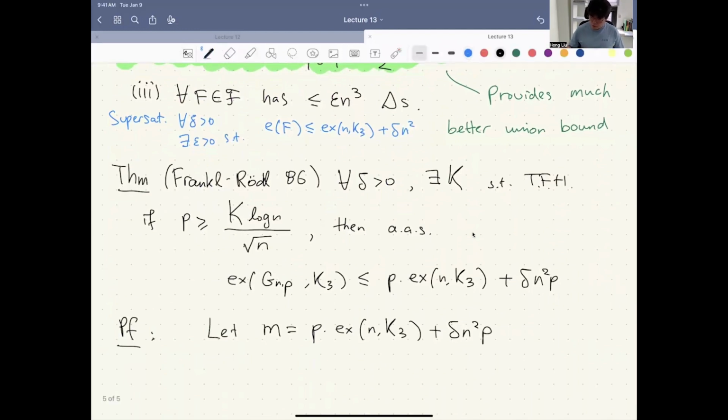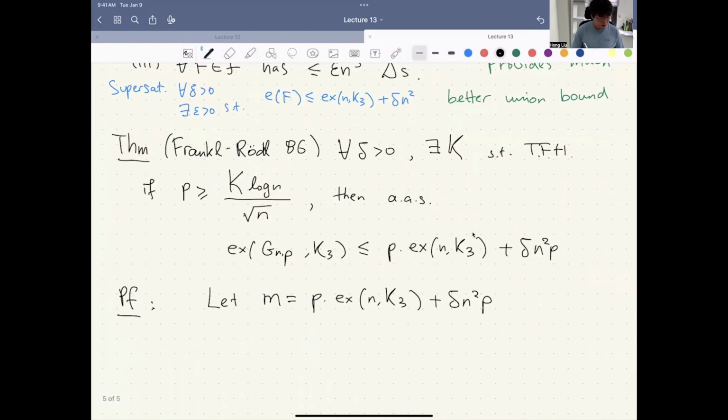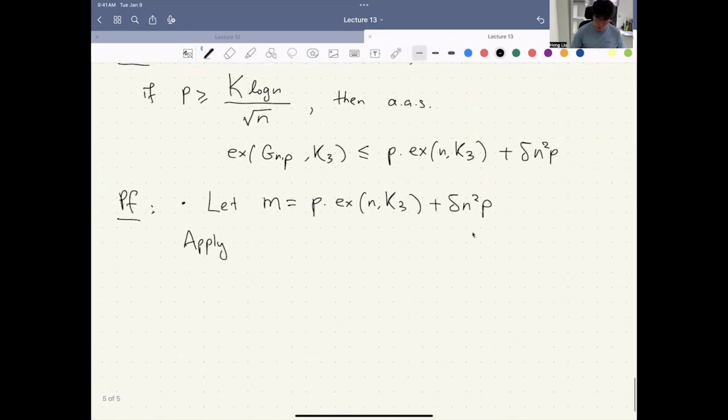So what you do now is apply the container theorem for triangle-free graphs with, let's first choose epsilon.